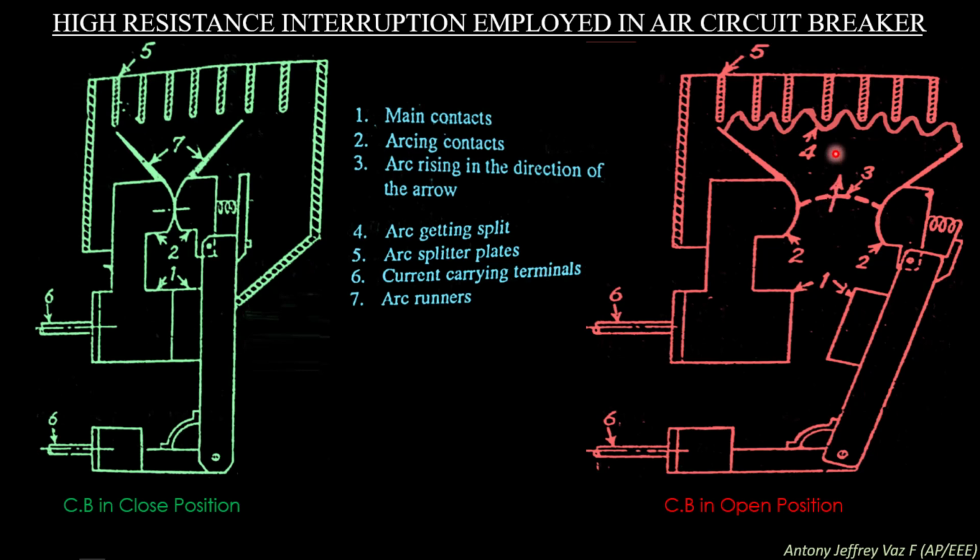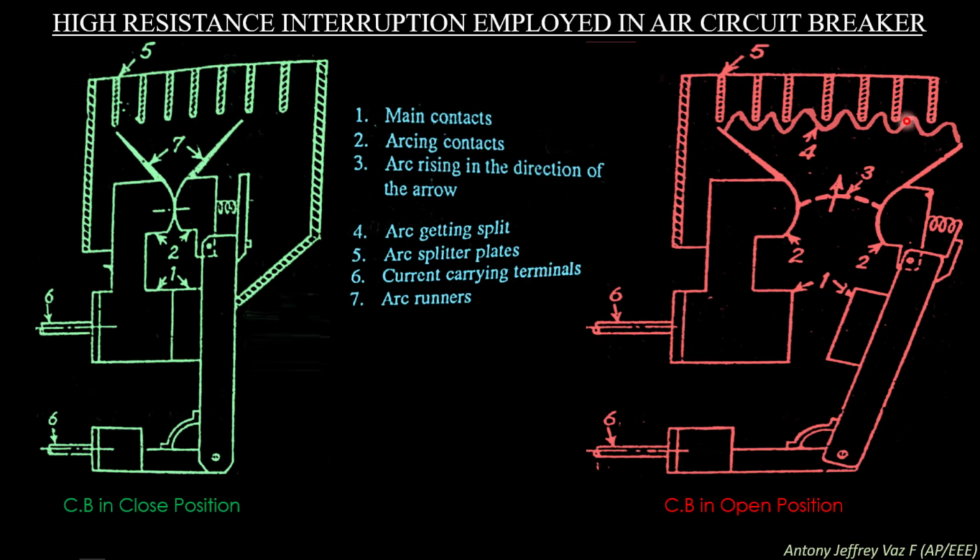tends to give an upward force to the arc and move the arc upwards, so that the length of the arc gets increased. And above the air circuit breaker, we have arc splitters. When the arc reaches this position, the arc splitters will split the arc into several small arc paths.